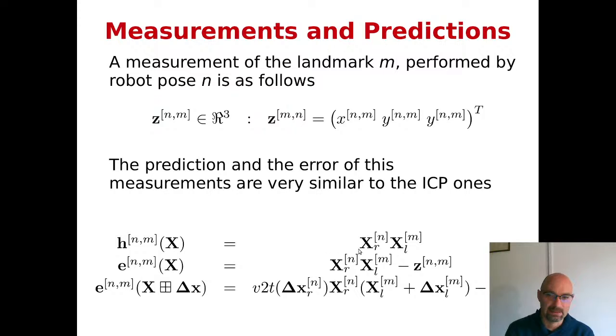Then clearly X contains XR and XL, so there's no harm here. The measurement vector is Euclidean, so this means that the error vector will be equal to the prediction minus the measurement.